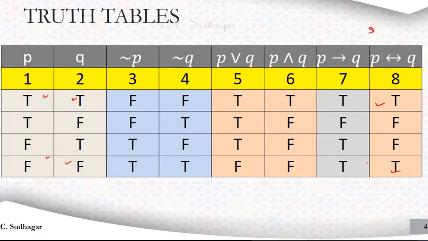For same elements, it is equal to T. If they are different, so one place T, another place F, one place F, another place T, don't see which is coming right side, which is coming left side. Simply you can put an F here. So if same is coming, you can put T. If different elements are coming, you can put F.